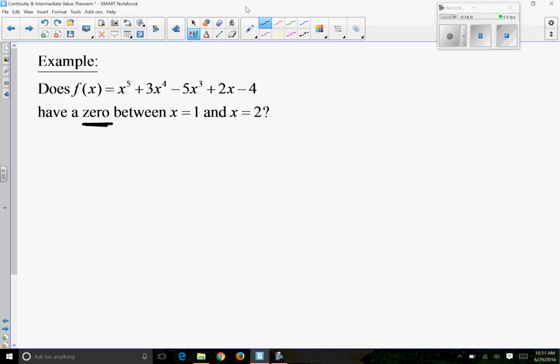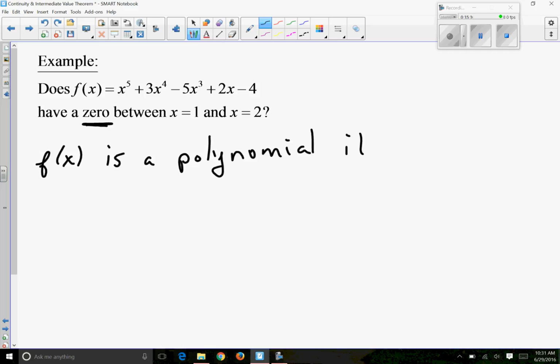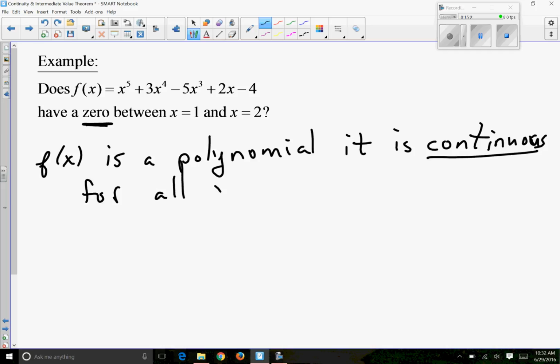We will answer this by saying, since f of x is a polynomial, it is continuous for all values of x. You should know that a polynomial function is always continuous for all values of x.